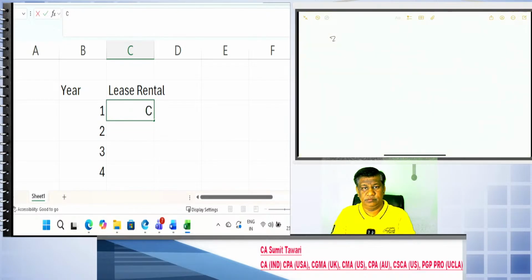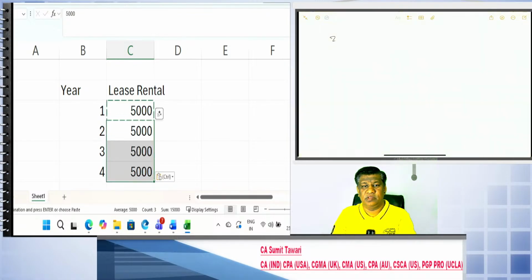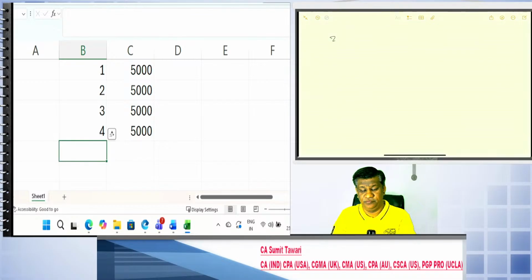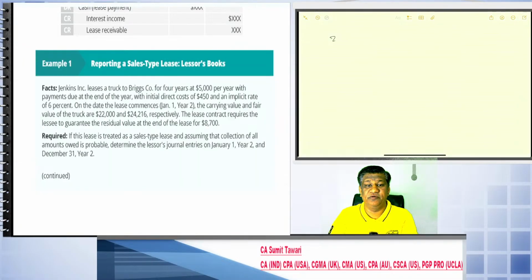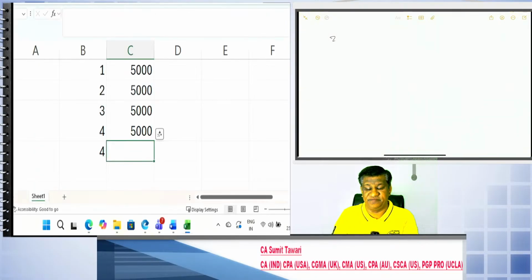And the residual value which we are supposed to get on expiry of the lease is given as 8,700.